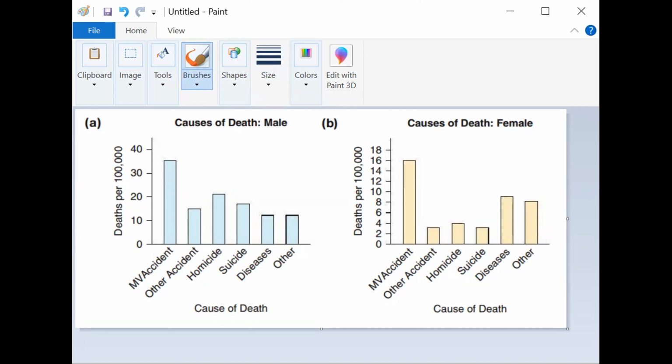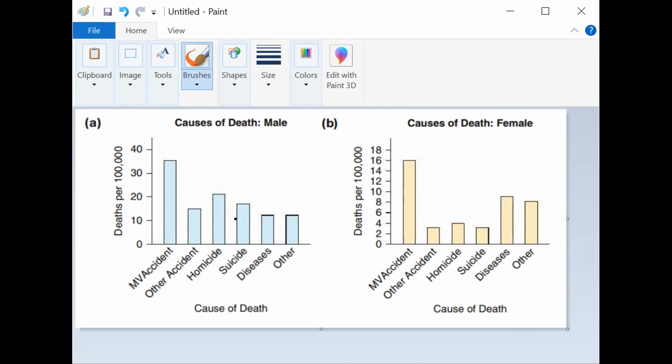All right, so you'd say the typical value or the mode in both cases is motor vehicle accidents. Okay, so that's one piece of information that you'd give. However, one thing you might think to mention is how tall those bars are: the motor vehicle accidents for men is at about 35 deaths per 100,000, and for women, it's at about 16.